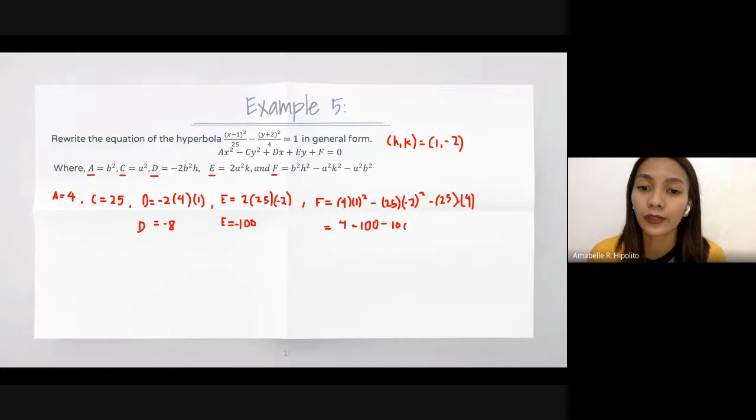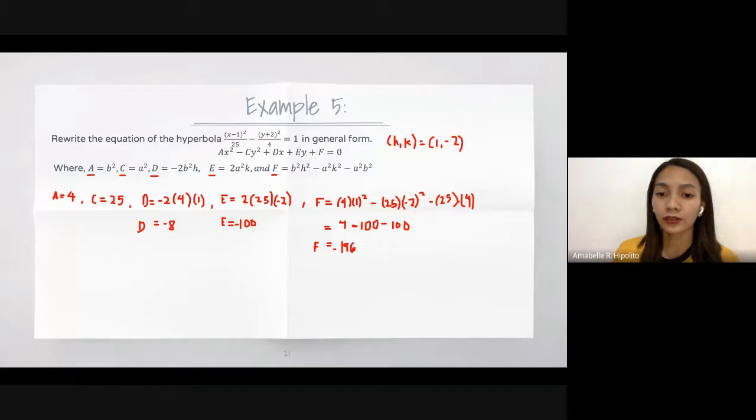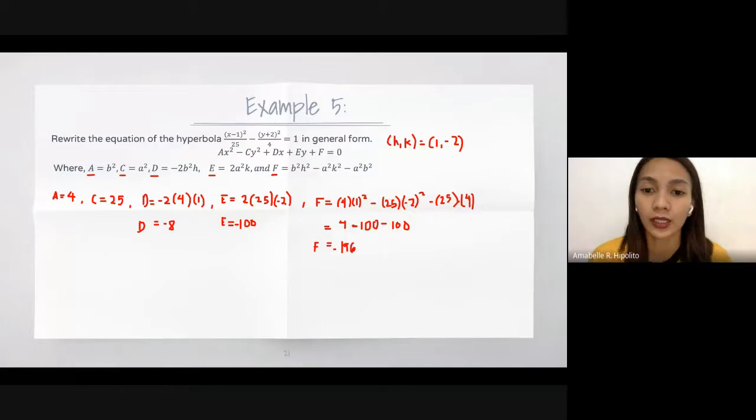So 4 minus 100 minus 100, so F is equal to negative 196. By using a calculator, you can compute this one as well.